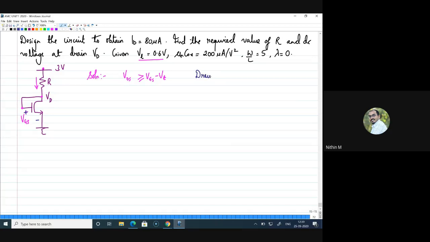Remember this: whenever your drain and gate are shorted together, the MOSFET will be in saturation, provided there is sufficient VGS.